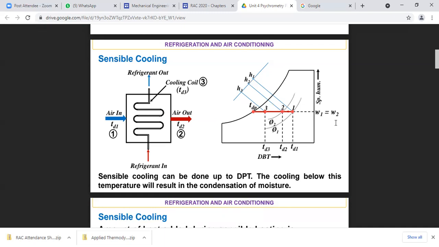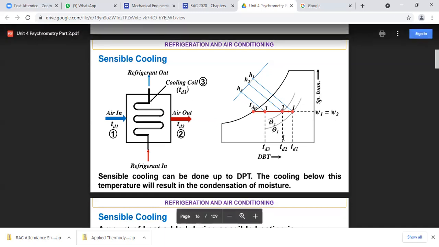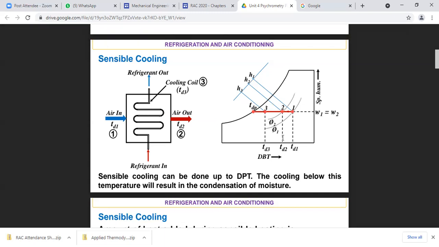The wet bulb temperature decreases and the dew point temperature remains constant, as you can observe on this psychrometric representation. So the specific humidity remains constant in the sensible cooling and the dew point temperature remains constant over here.